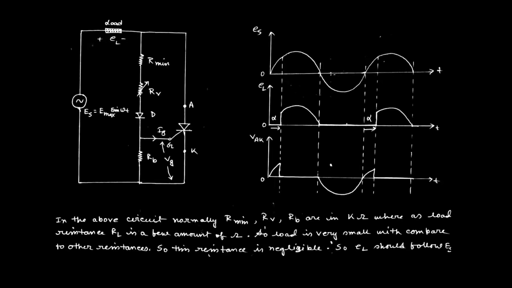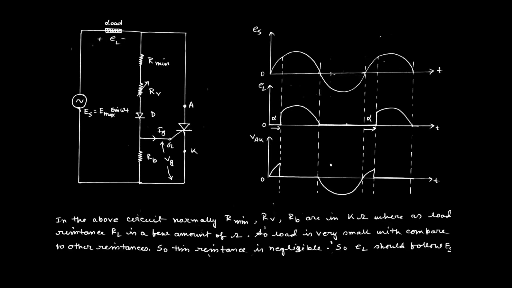The other resistances, suppose R min, RV and RB, are about a kilo ohm in amount, and in the case of a resistive load we assume it is a few ohms. If the load resistance is very small, then whenever the thyristor starts conducting, the supply voltage will immediately be reflected on the load terminal. There will be only a very small voltage drop. That is why we can achieve the appropriate output voltage waveform.